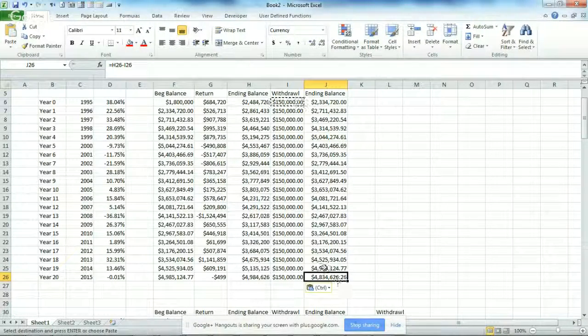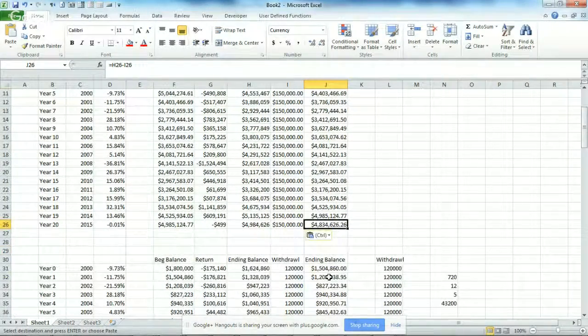You can even withdraw more, and you'll have enough to pay for your grandkids' education. You can donate to other causes that you care about.